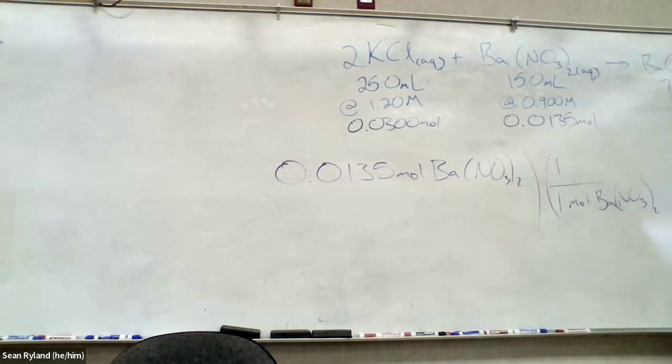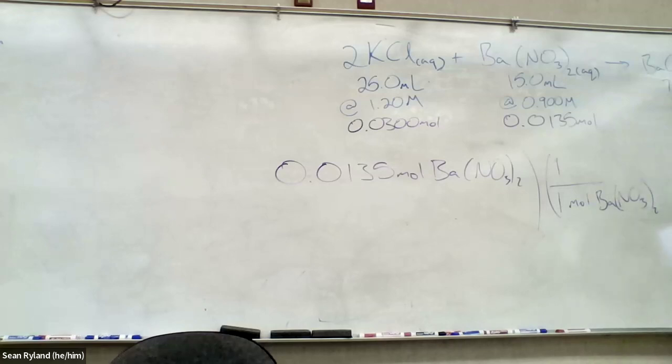But since the question is specifically talking about barium chloride as the yield, why would it make sense to talk about barium chloride rather than potassium nitrate? Think about the logic of trying to measure the yield here. Is it easier to measure concentration of product, or is it easier to measure how much a solid weighs?